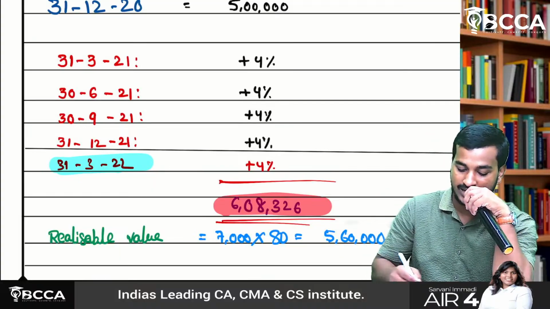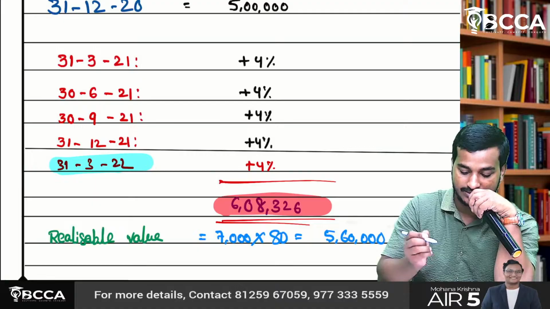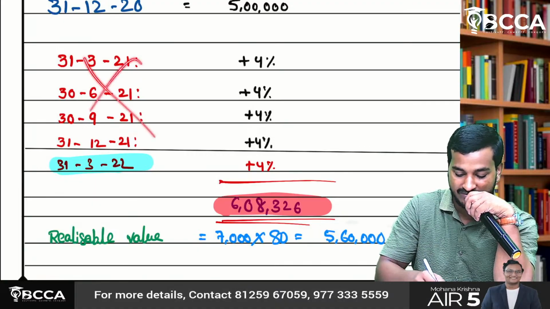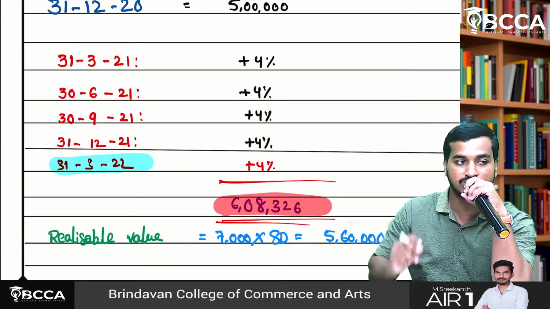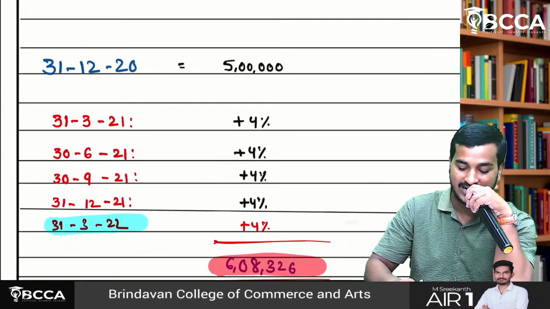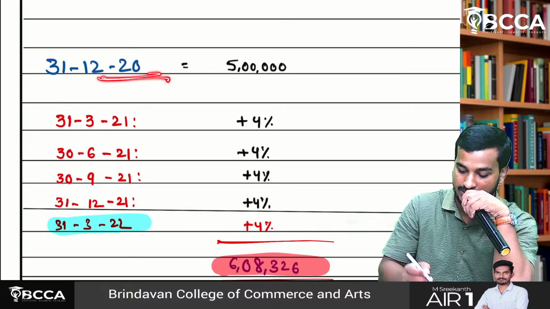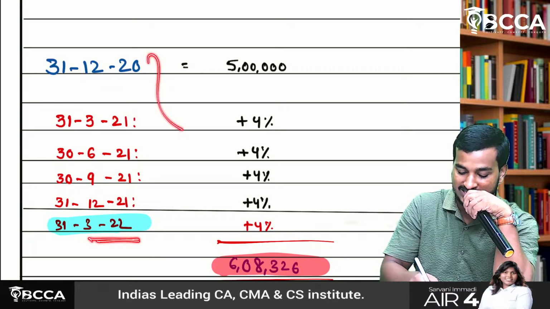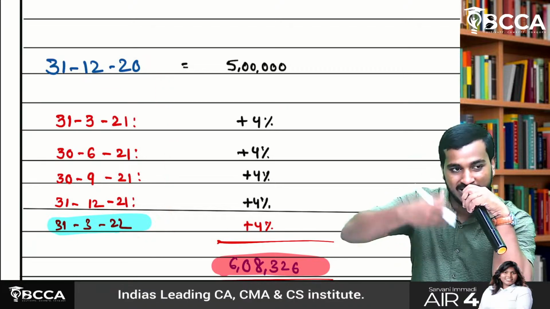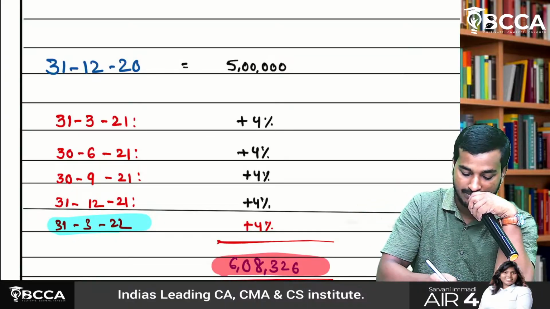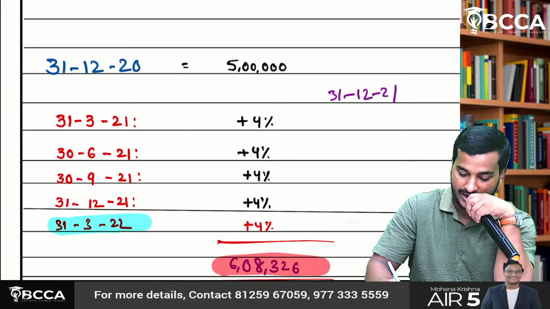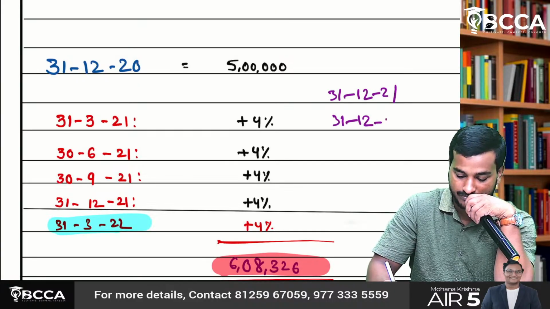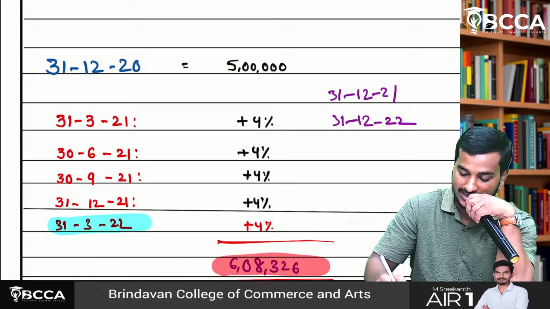For example, if they have given nothing about compounding quarterly, then what is the answer? We have to just take the interest rate. Date of loan is 31st December 20, current year is 20. That means in between, how do you find the gap? 31st December 21 and 31st December 22 plus 3 months.